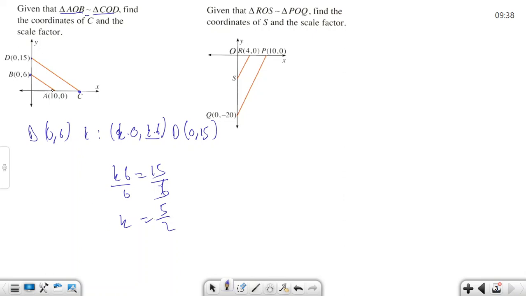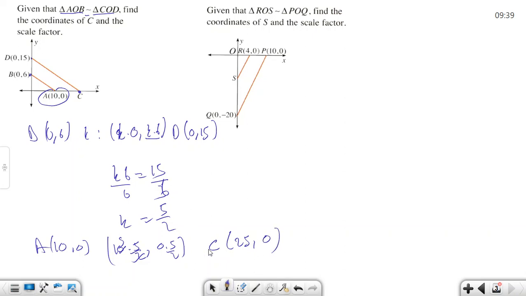To calculate C, I need to multiply A by the scale factor. A is (10, 0). If I multiply by k, 10 times 5 over 2 and 0 times 5 over 2, I get 25. So the coordinate C is (25, 0).